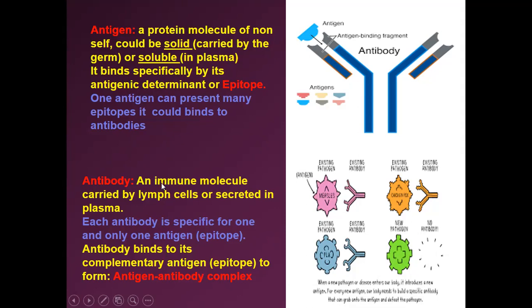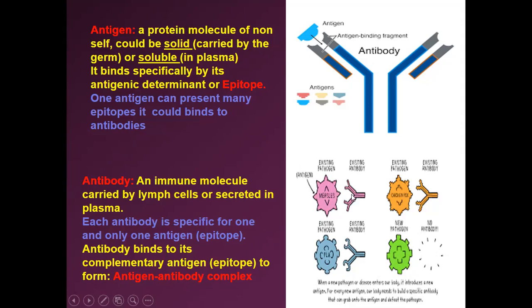The antibody will occupy this epitope to block the action of this antigen. One antigen can present many epitopes, so it could bind to many antibodies. The bond that forms between the antigen and the antibody is called the antigen-antibody complex.